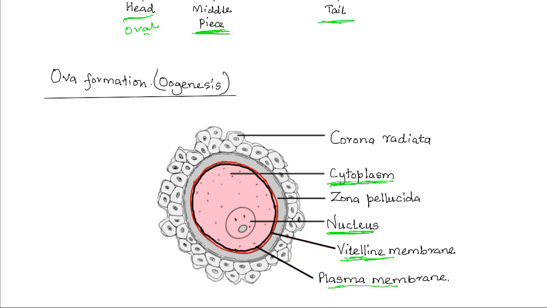Then to the outside of the vitelline membrane, there is a jelly-like glycoprotein layer known as the zona pellucida. The function of this jelly-like glycoprotein layer is to prevent the entry of sperms from different species. It's only the human sperms that can penetrate this zona pellucida.